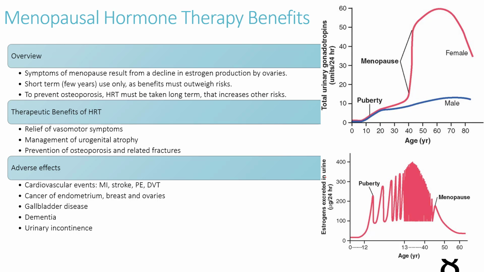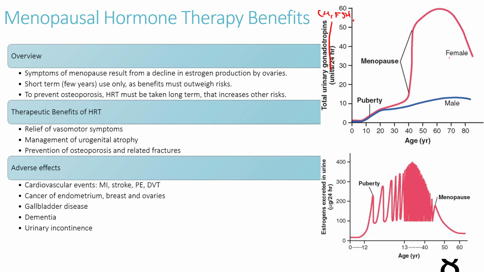Now, with hormone replacement therapy after menopause, I've got a couple of graphs that I'm going to go through. So the first graph is basically the amount of gonadotropins, so that's LH and FSH, that's excreted in the urine. Right?